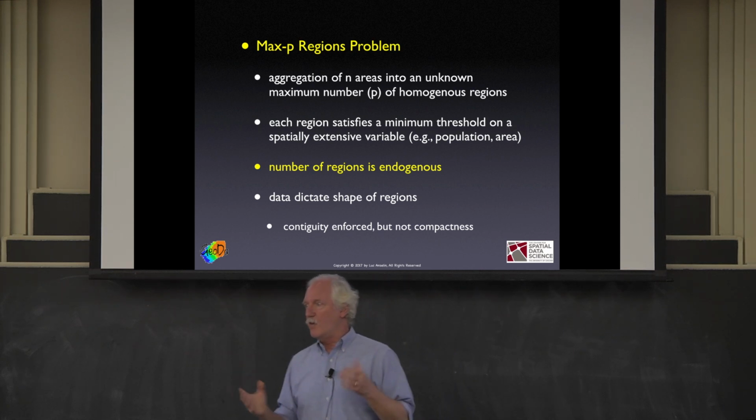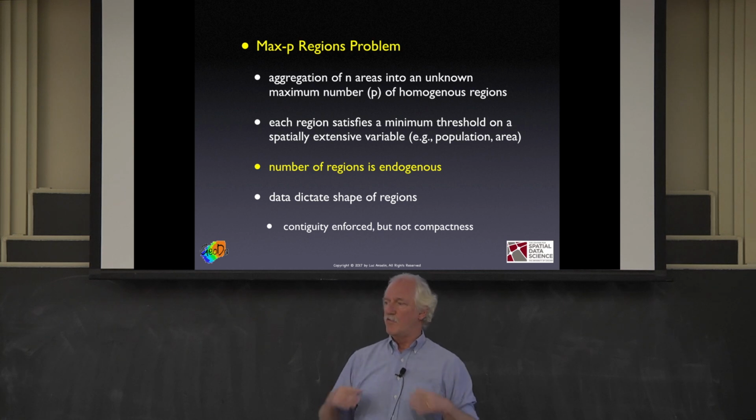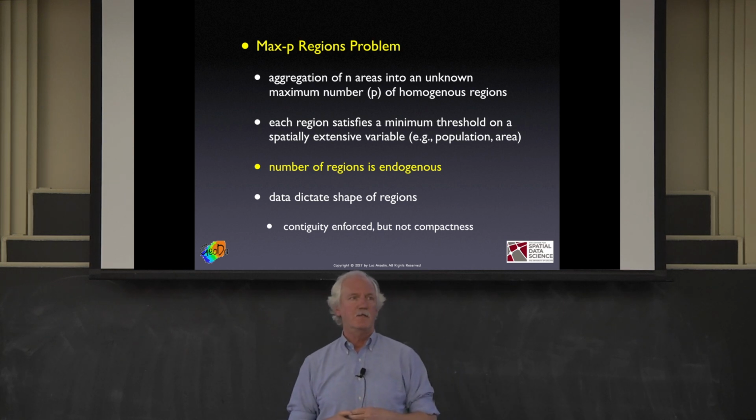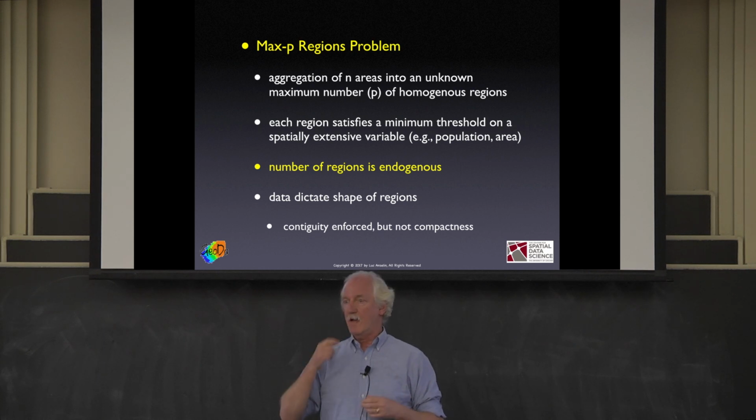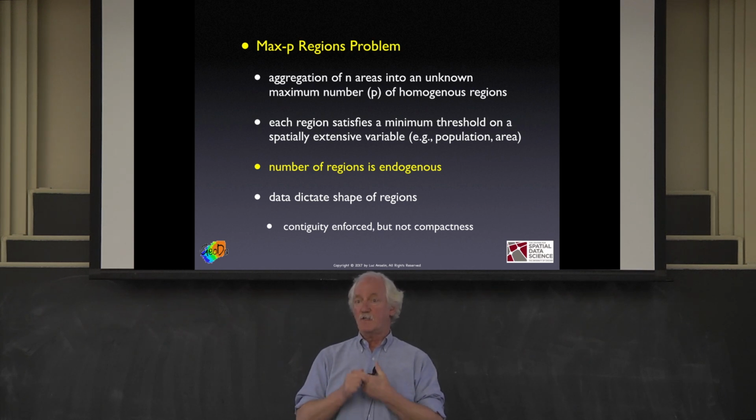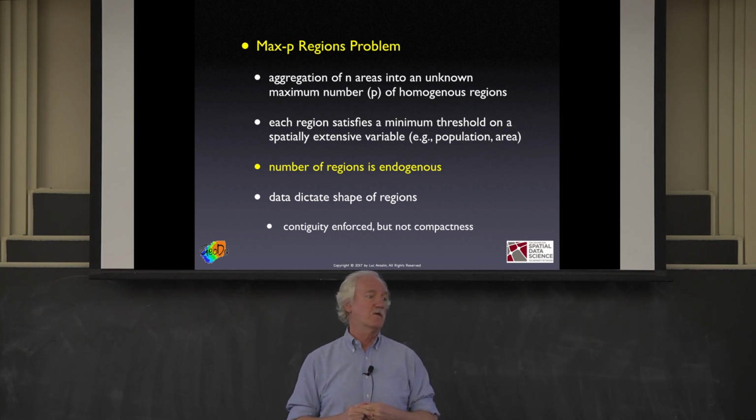And as it turns out, if you do that, you can formulate this as an integer programming problem and find a solution that maximizes the internal similarity, finds the best K, or P as we call it here, and is spatially contiguous.